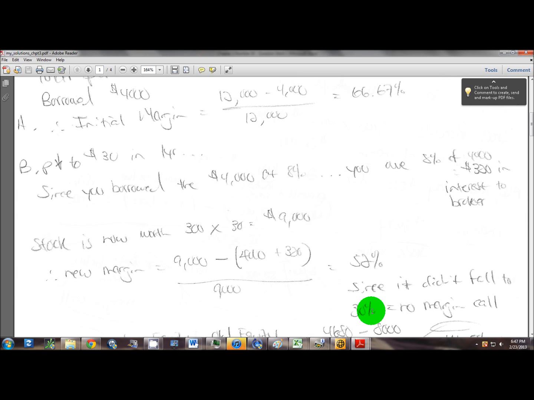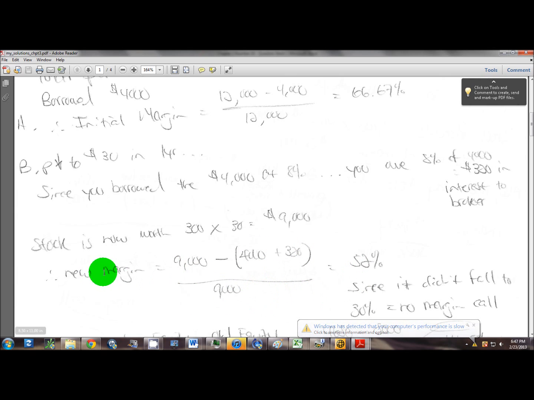And I could have easily asked you in this problem, how far can the stock fall before it would lead to a margin call? And that's when you would follow the same setup that we saw in the first problem I did tonight, where this would not be 9,000, it would be 300P minus this sum divided by 300P is equal to 30%.